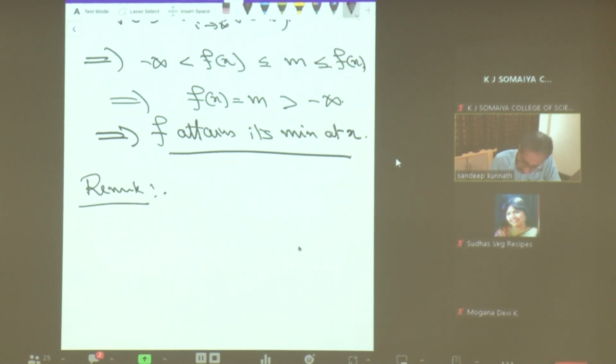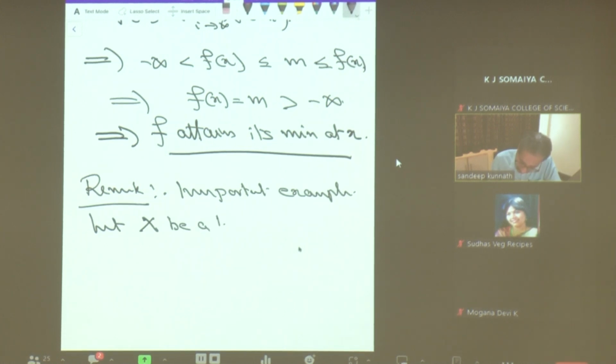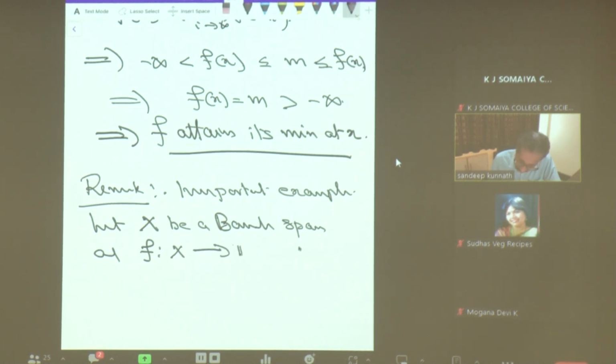One important example. Let X be a Banach space, and f from X to R be the function f(x) is equal to the norm of x.